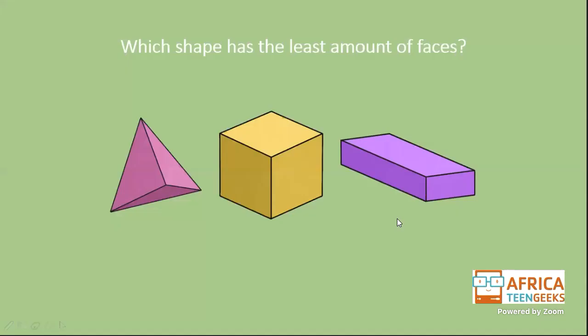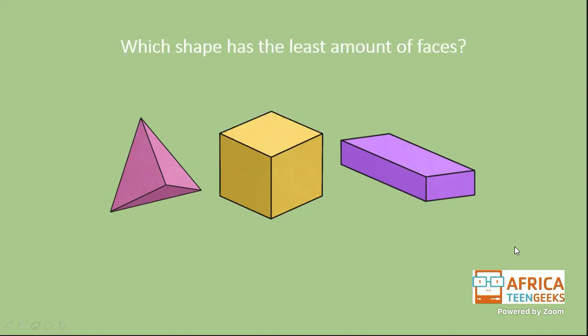Which shape has the least amount of faces? So if you know this work very well, you'll know these two at the end have the same amount. So you just have to decide which one has the least. Lunaka said the last one.